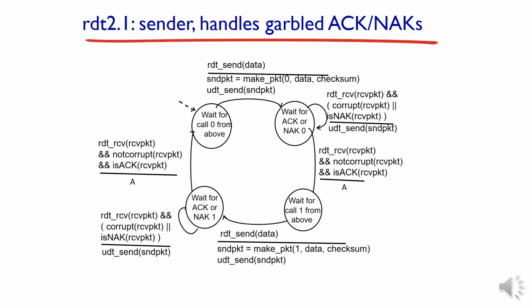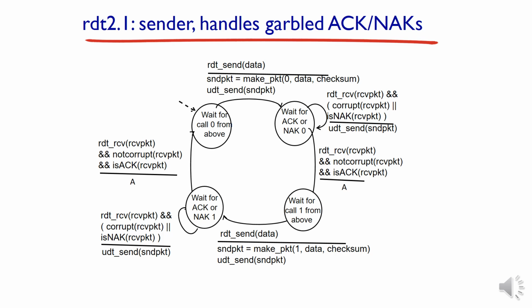In the previous classes, we studied RDT 1.0. It was a reliable and purely theoretical concept. And RDT 2.0, there we had bit errors. As a solution to this, the sender waits for an acknowledgement signal from the receiver, that is ACK or NAK. This was introduced in 2.0.